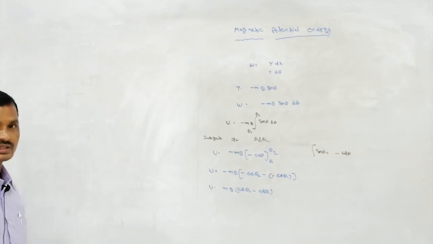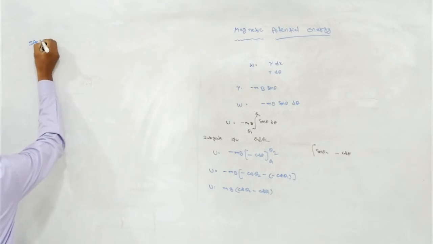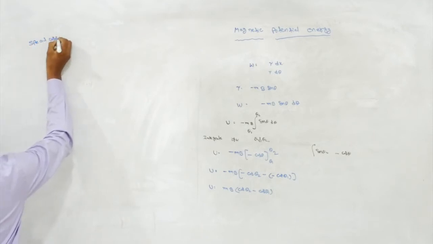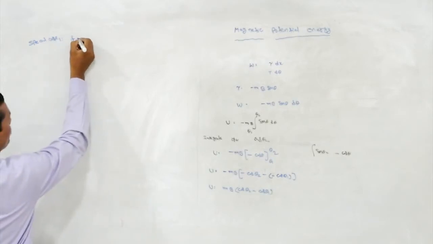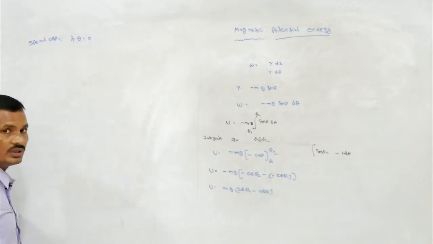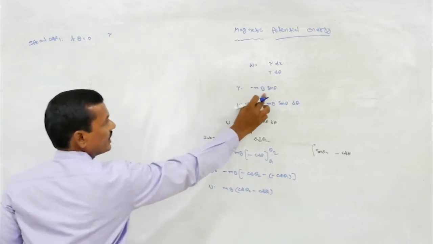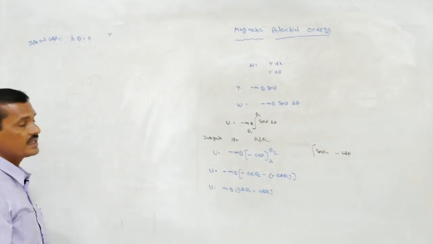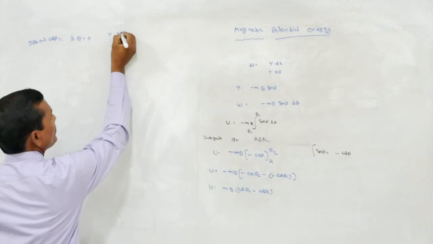Special case 1. If theta equal to 0, now tau becomes minus mb sin 0, which is 0. That's why tau is also 0.